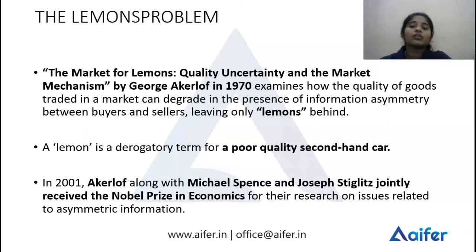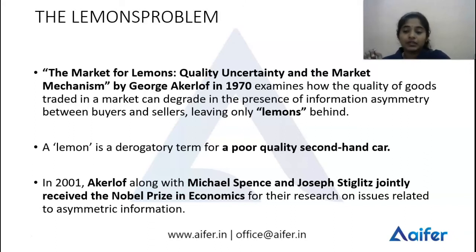So this is all about the lemons problem. In his paper, George Akerlof shows how prices can determine the quality of goods traded in the market. Low prices drive away the sellers of high quality used goods, who have to leave the market, leaving only the lemons behind.